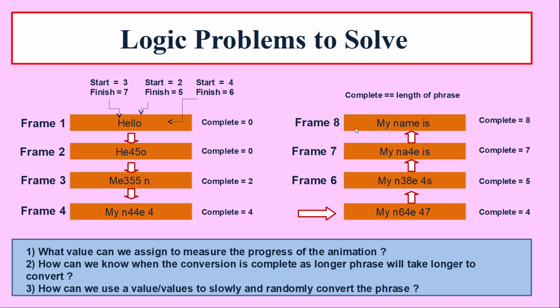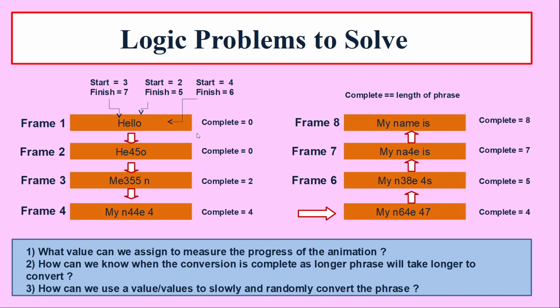Importantly, we have to make sure that the length of this matches up to the length of this. Because this is much shorter, we'll have to add characters to this phrase so that the length matches.